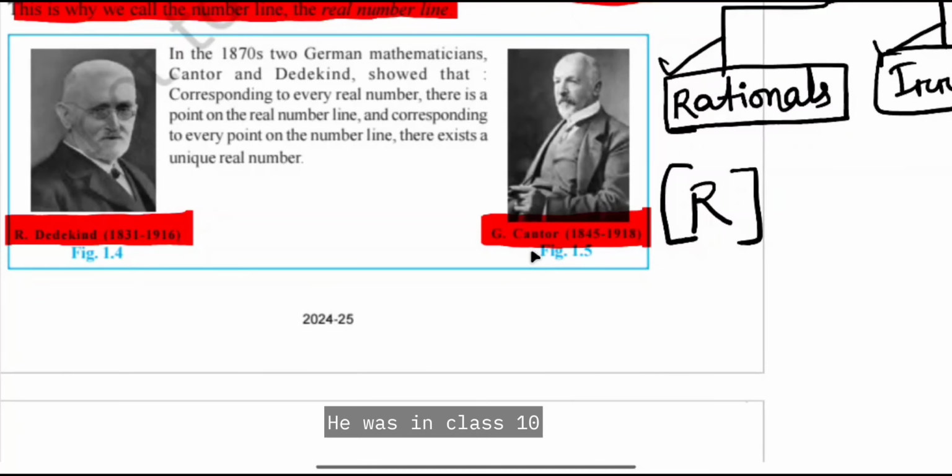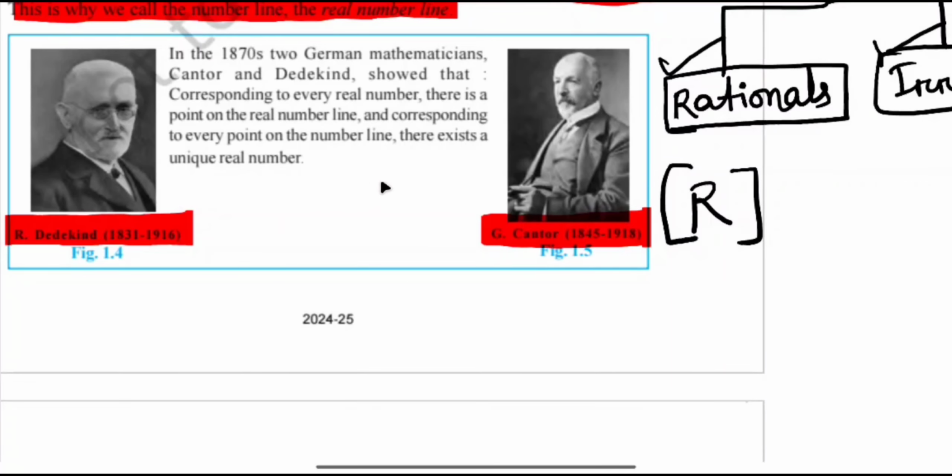These mathematicians showed us that corresponding to every real number there is a point on the real number line, and corresponding to every point on the number line there exists a unique real number.